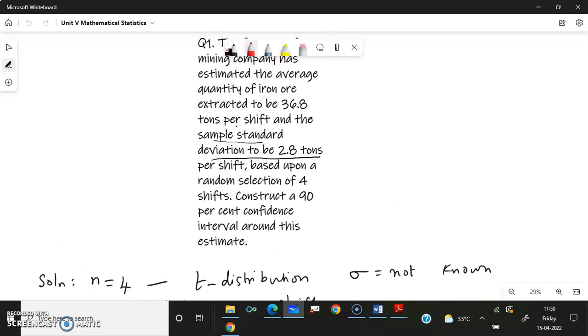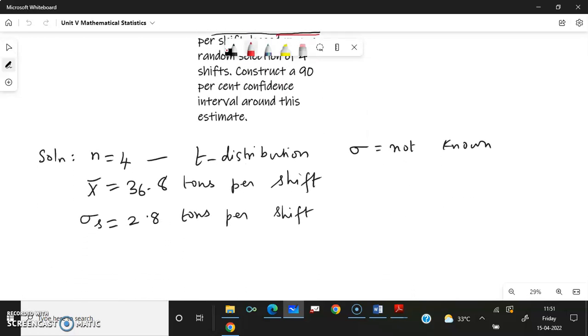Average quantity, it is 36.8. That's why we took x bar as 36.8 and we took the sample standard deviation, 2.8 tons, right? So these are the information given to us, and then the degree of freedom.